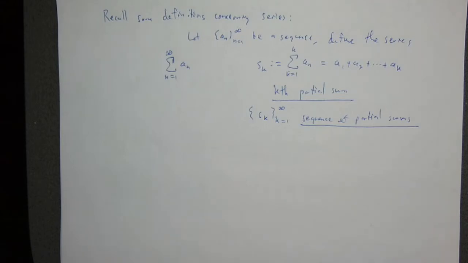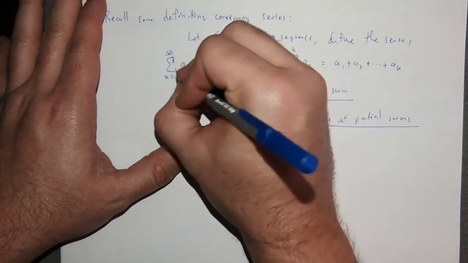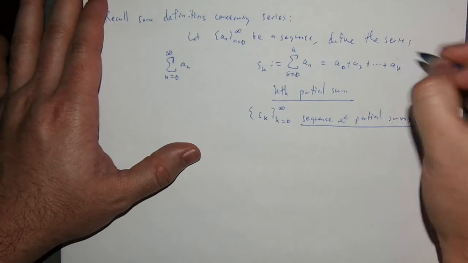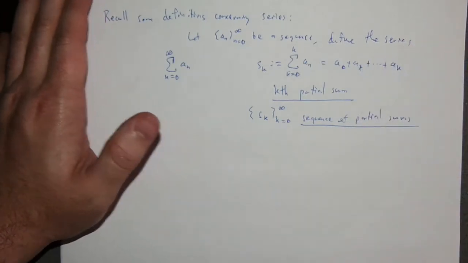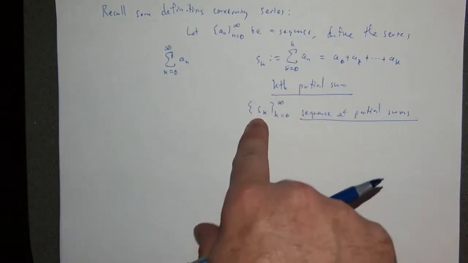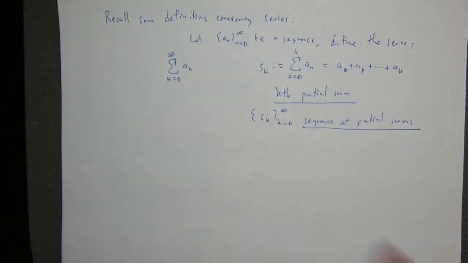Maybe I'll just change it because the textbook does. So here, I'm just going to rescale it at 0. It's a lot more convenient anyway. So there, 1 up to k. Anyway, we have the kth partial sum is what we call this, the kth term in this sequence. The sequence of partial sums is the sequence taken all together. If this sequence has a limit, we say that the series converges, and if it doesn't have a limit, we say the series diverges.